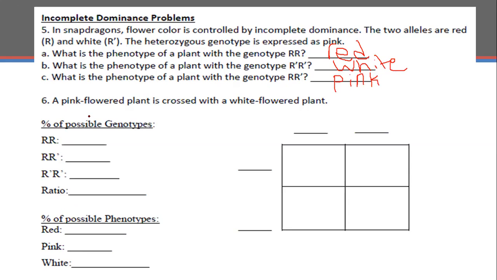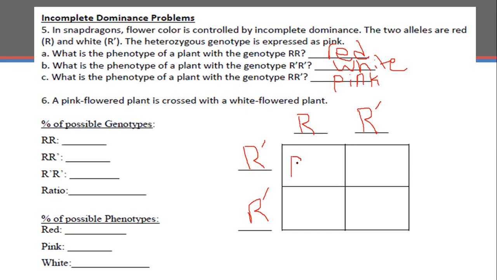A pink flowered plant is crossed with a white flowered plant. The pink one is R, R dash, and the white one is R dash, R dash.